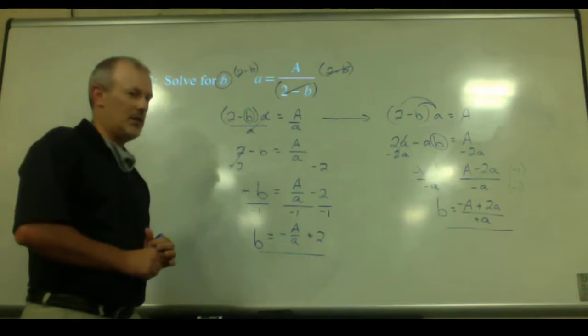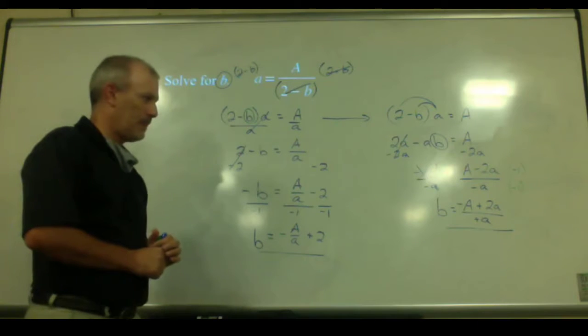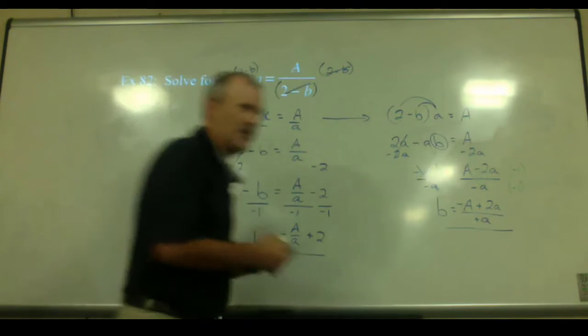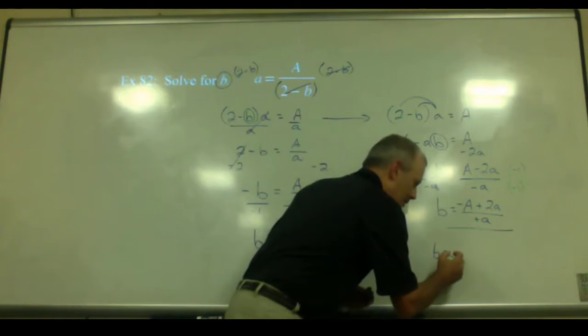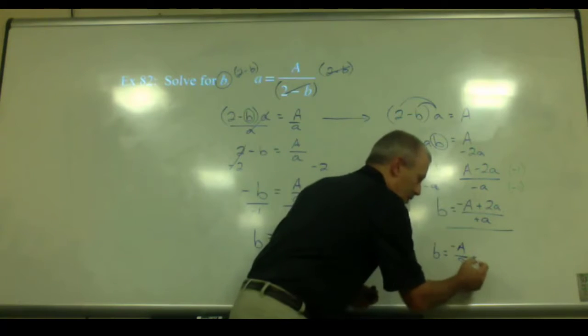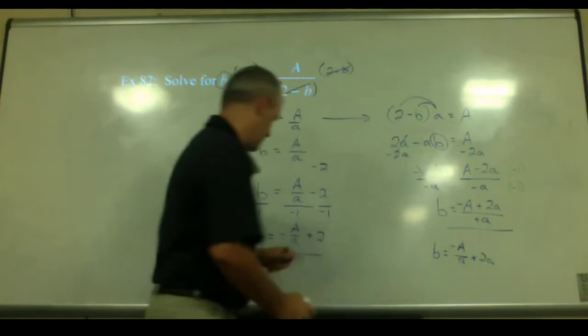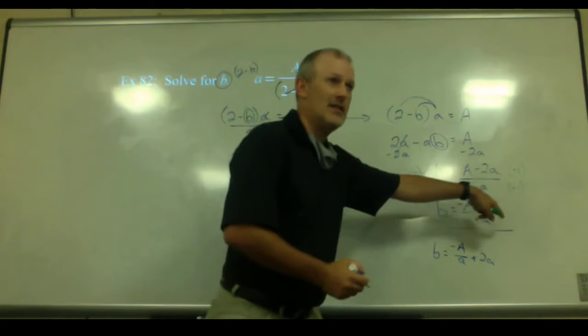What about if we put minus A by small a plus 2A? Is it okay? Say that again so I can write it down. B equal to negative A by a plus 2A. Is it correct? Yeah, it's the same, so you're reducing the a.